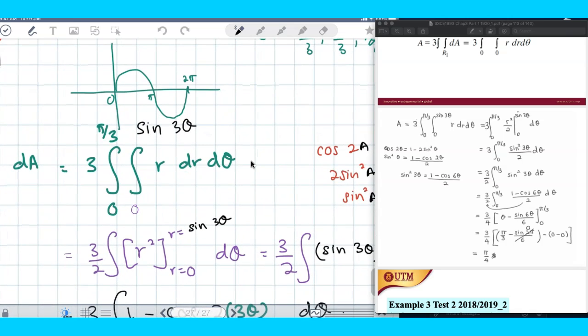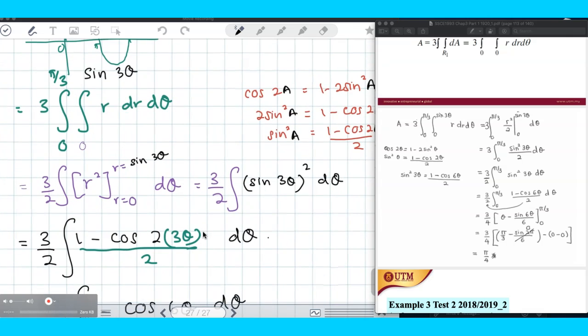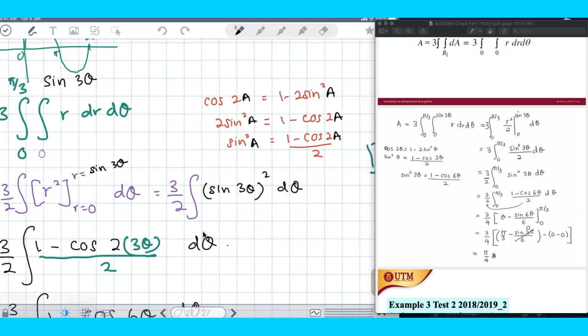Now we start to integrate. Firstly, we integrate r, then we will get r squared over 2, and replace r from 0 to sine 3 theta. When you substitute, you will get 3 over 2 sine squared 3 theta.